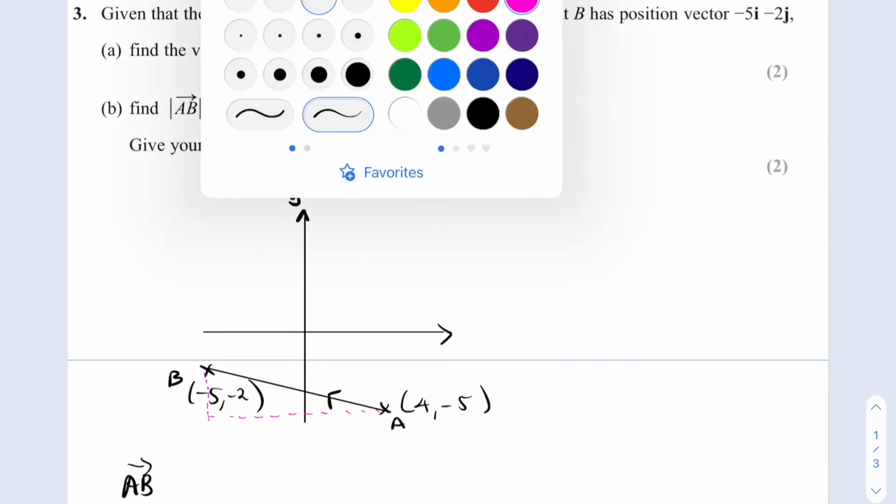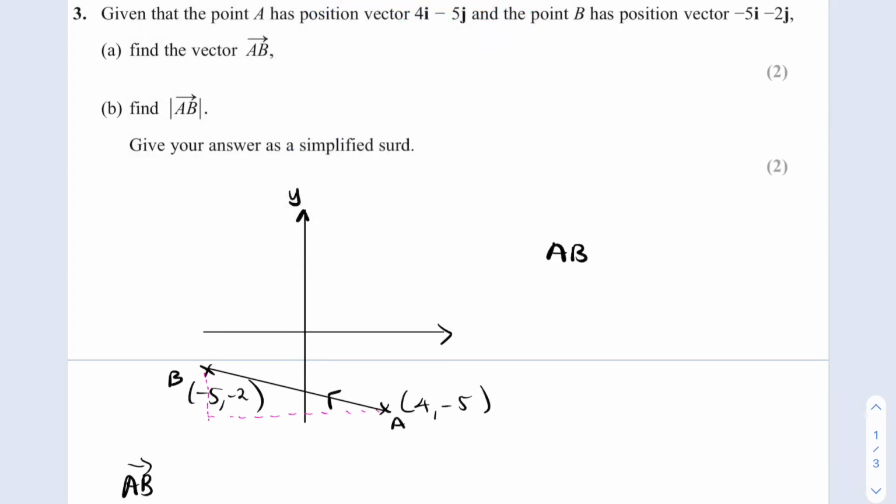You could also do B minus A if you wanted to find the vector AB, but I'm actually just going to inspect. So to go from A to B, I go minus 9 in the x direction, and in the y direction I go up by 3. And I can write that as minus 9i plus 3j if I wanted to.